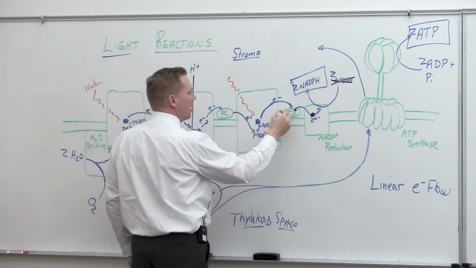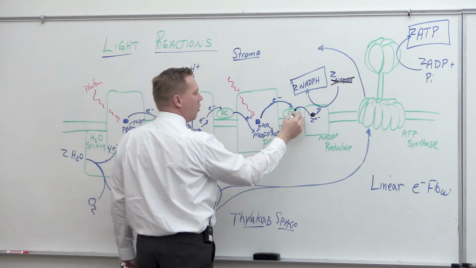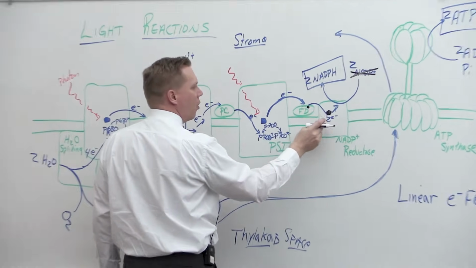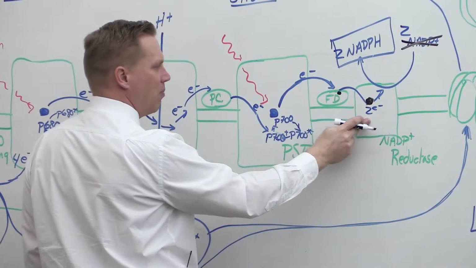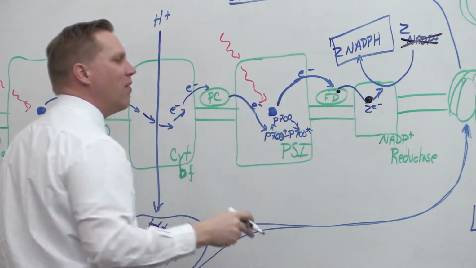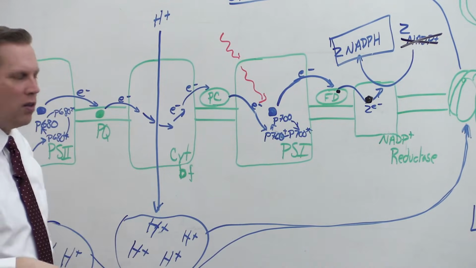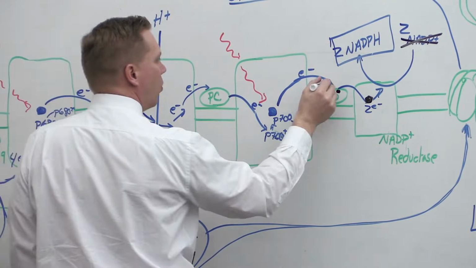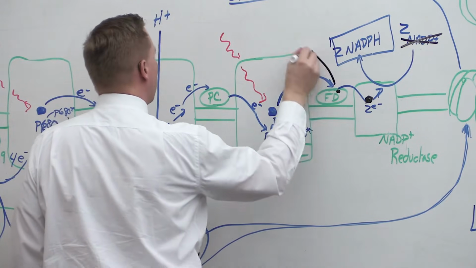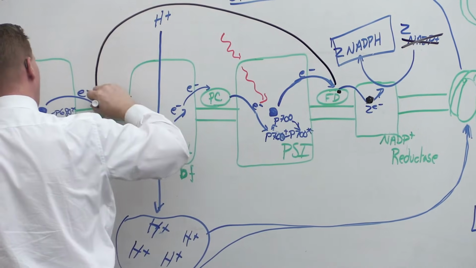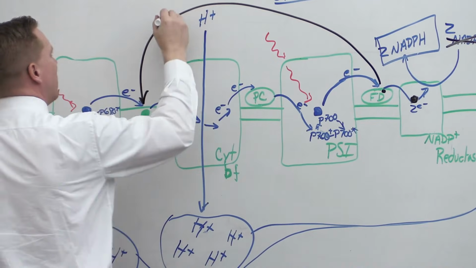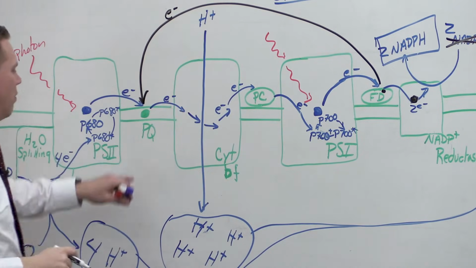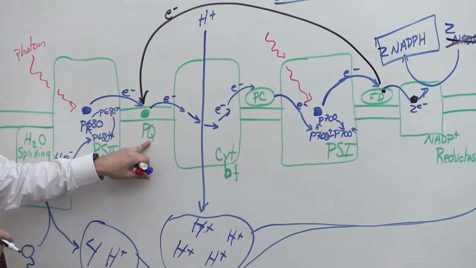However, fortunately, ferredoxin right here, while it prefers to donate to NADP plus reductase, does have another partner that it can go to. So the ferredoxin can actually come over here and donate its electrons as a secondary measure to plastoquinone.